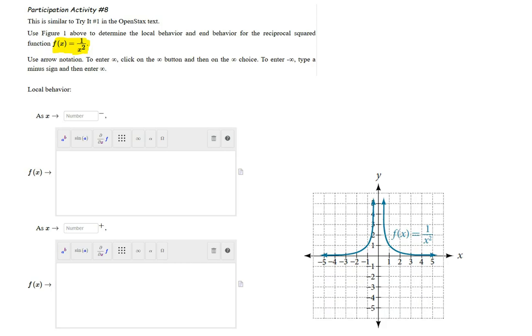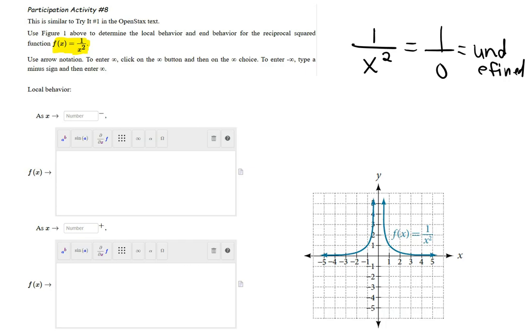When you're looking at 1 over x squared, x can be any number in the world except for 0, because if x is 0, you would have 1 divided by 0, and that is undefined. If I grab my calculator and hit 1 divided by 0, it gives me an error message, because it's impossible to divide by 0.